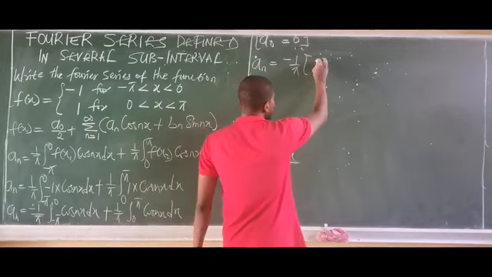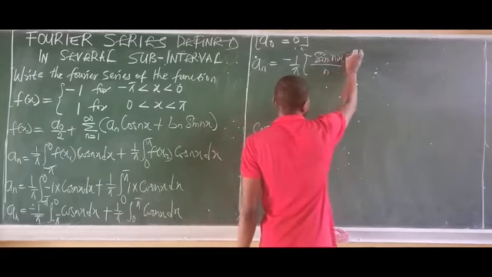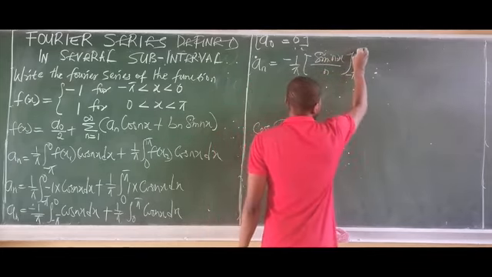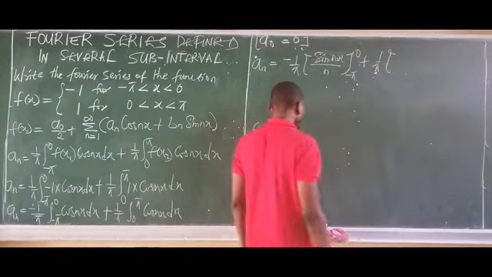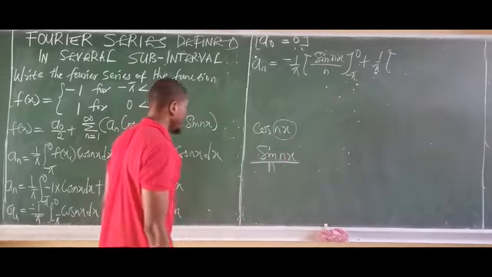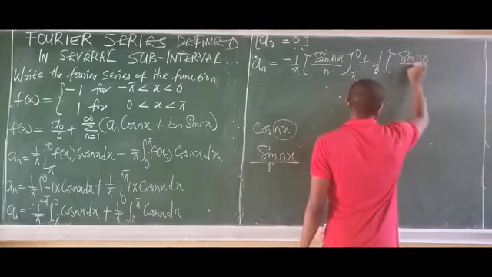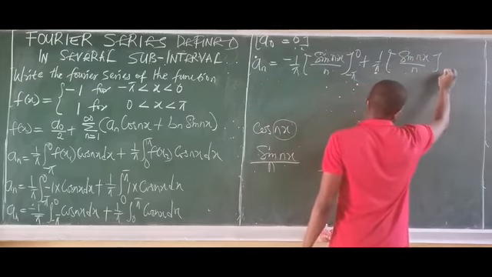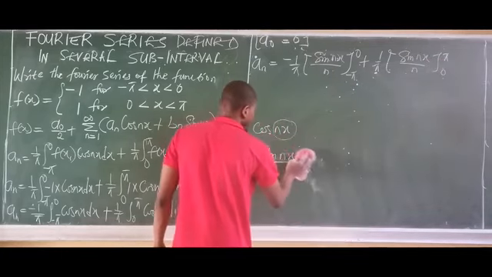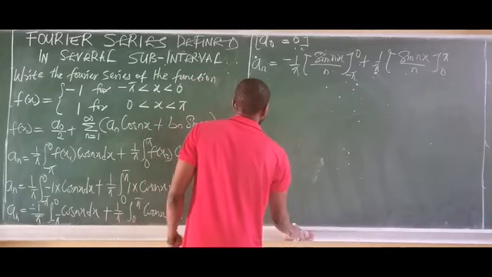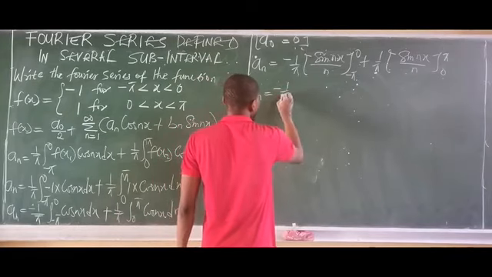So which means that the integral gives us sine nx all over n, putting your limit from minus pi to 0, plus second case now 1 all over pi, also integrating cos nx dx, you will still have the same result, sine nx all over n, putting your limit from 0 to pi. So let's effect the limit now and see, an is now equal to minus 1 all over pi.